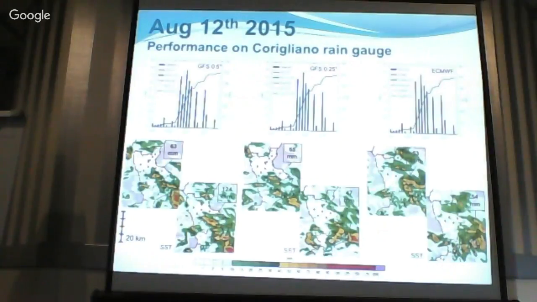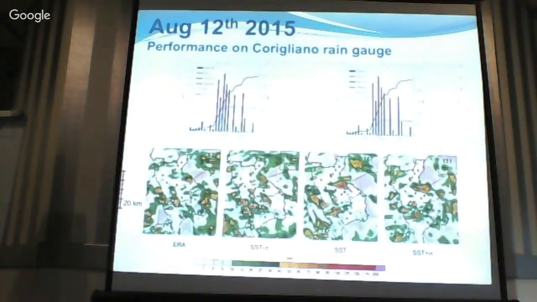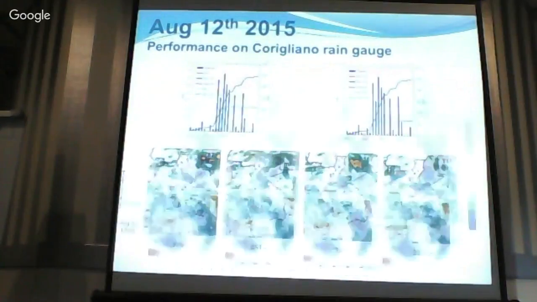This happens for GFS, a little bit better for ECMWF, but it's not good. Even in the best case, that is ERA-Interim with assimilated sea surface temperature, we have in Corigliano more or less half the value of the observed precipitation.